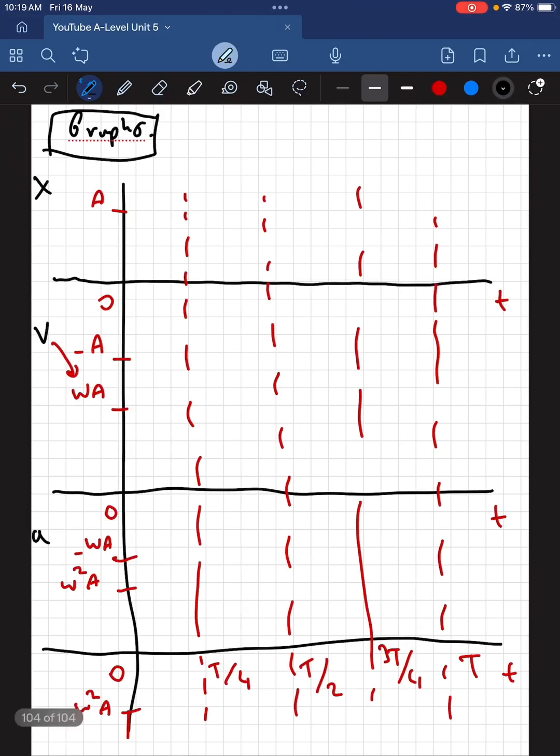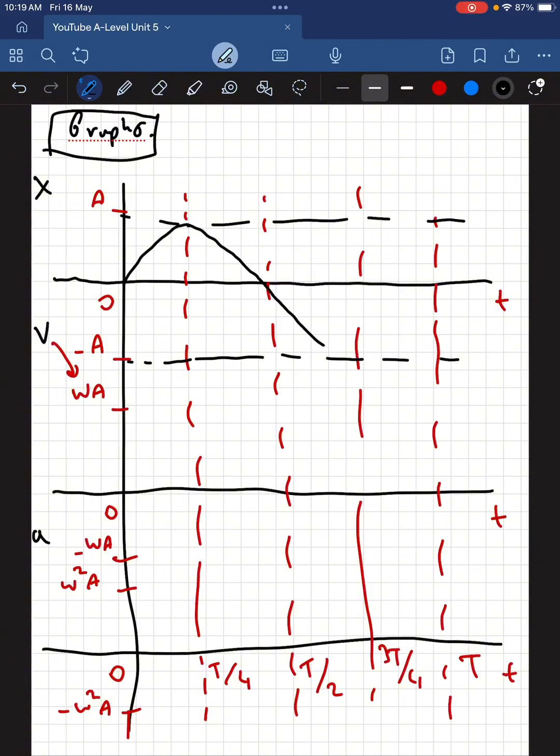So for the displacement, we start at 0 and we go to maximum at t equal to t over 4, and we go down there and up. For the velocity, since the displacement is 0 at time equal to 0, the velocity is going to be maximum. So let me use blue color, okay?